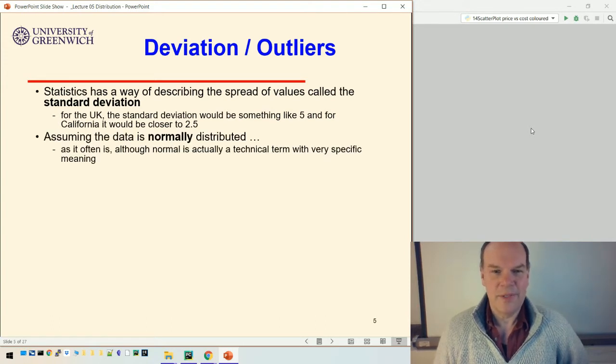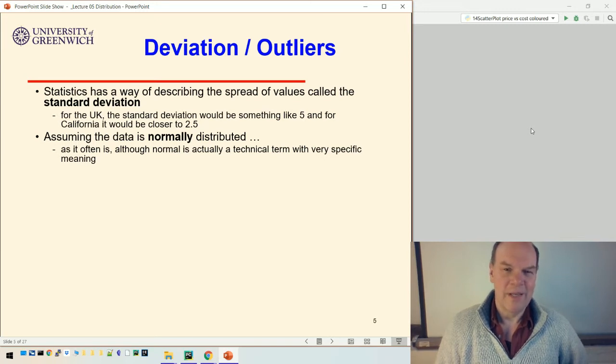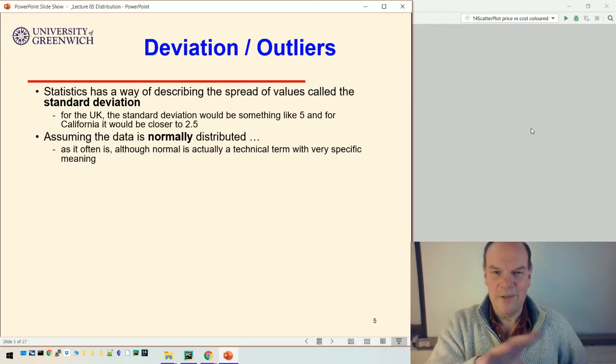That assumes the data is normally distributed, which often it is. Normally just means that you get a kind of normal shaped curve, with most of the values in the middle and some outliers on either side. It's a technical term with a very specific meaning, actually, but people tend to use it fairly loosely. It just means typically most of the values are clustered around the middle.